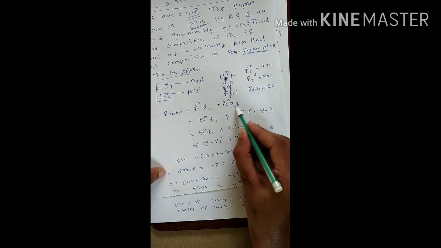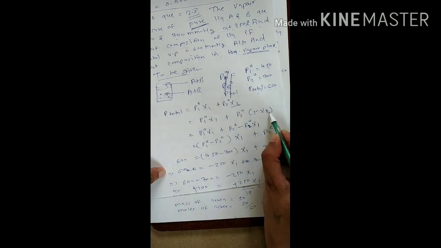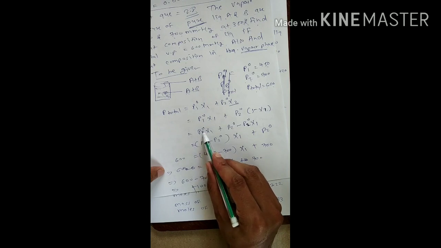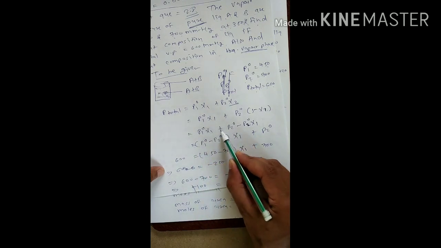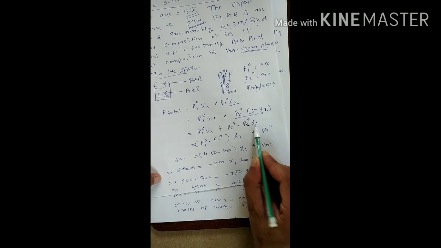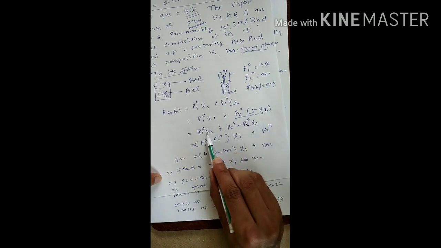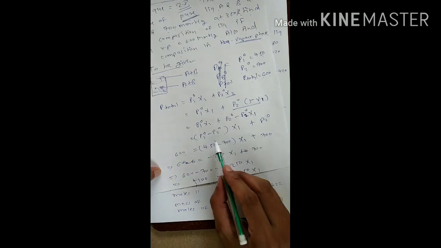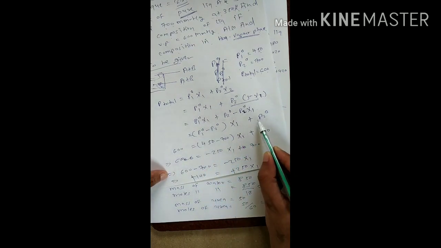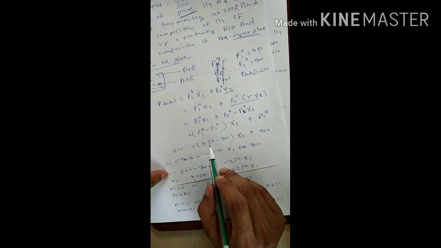Now instead of x2 I am putting 1 minus x1. So P1⁰ x1 plus, by multiplying P2⁰ in this bracket, P2⁰ minus P2⁰ x1. Now from the first and last term I am taking x1 common. So I will get (P1⁰ minus P2⁰) x1 plus P2⁰.